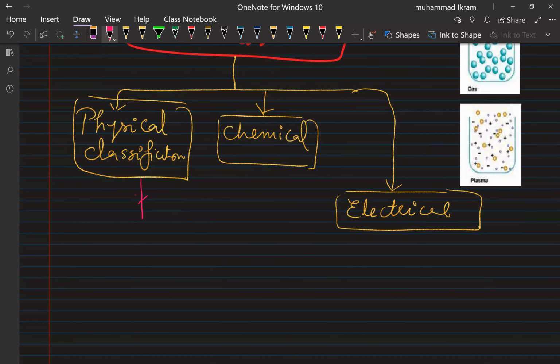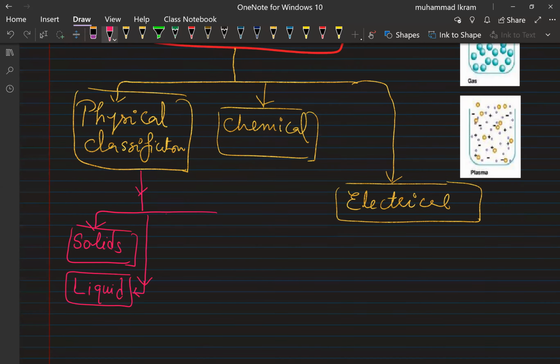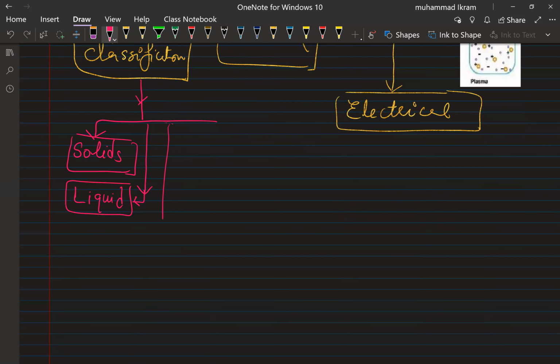In the physical classification of the matter, you know that it is classified into solids, right? Later on we will discuss solids also, what are solids. And then the next classification is liquid, and then you have the gases also, right?